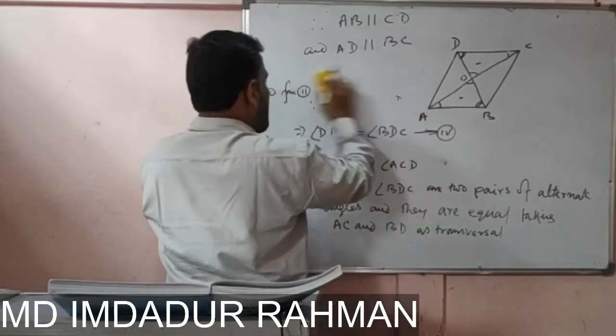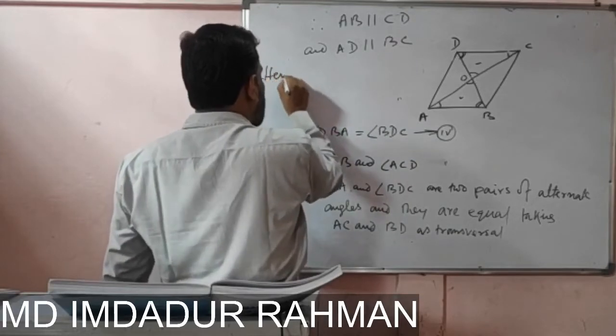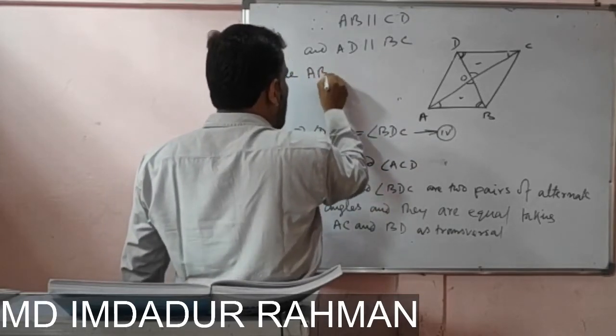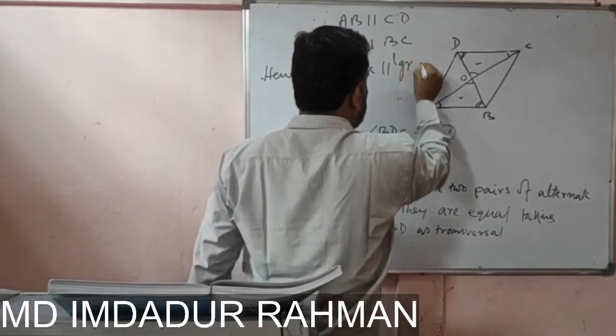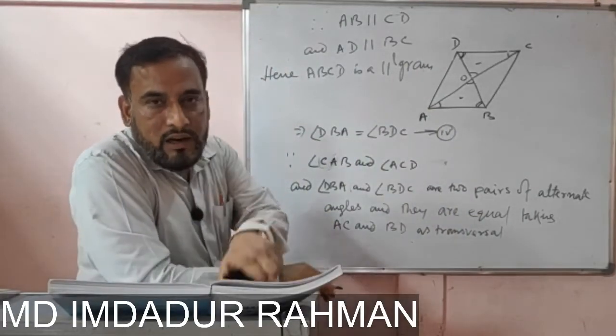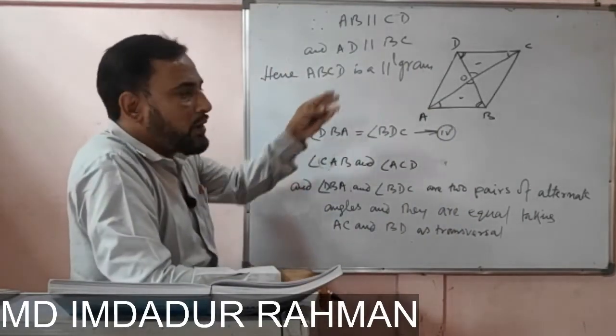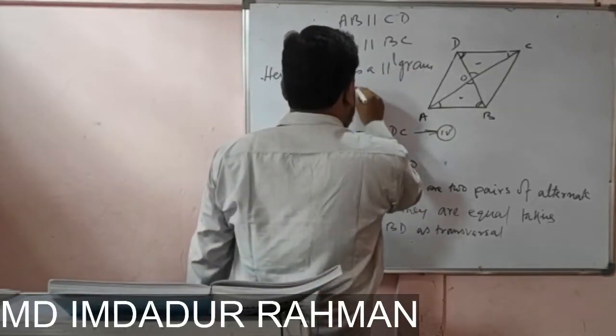Hence, ABCD is a parallelogram. Earlier we considered this a quadrilateral, and gradually we got that it is a parallelogram. Proved.